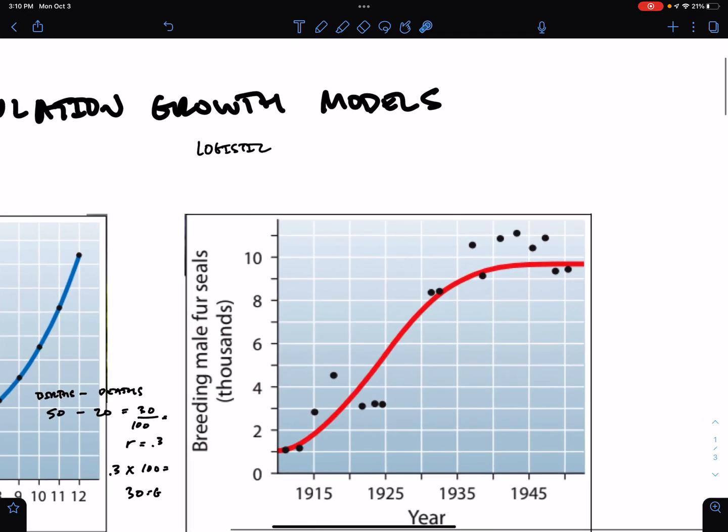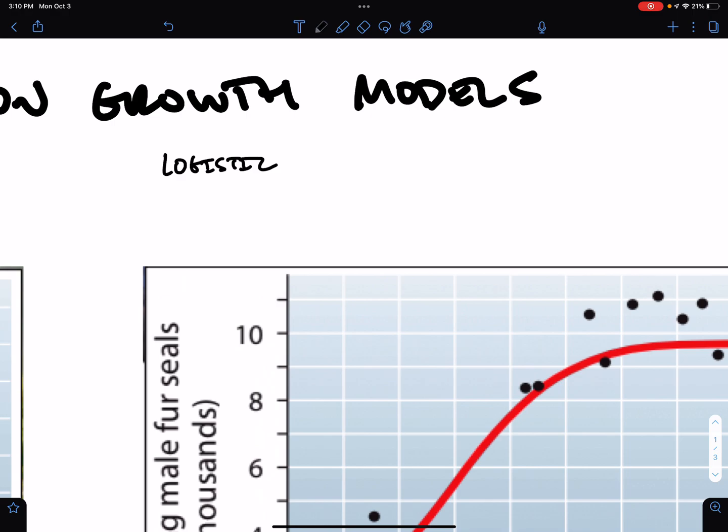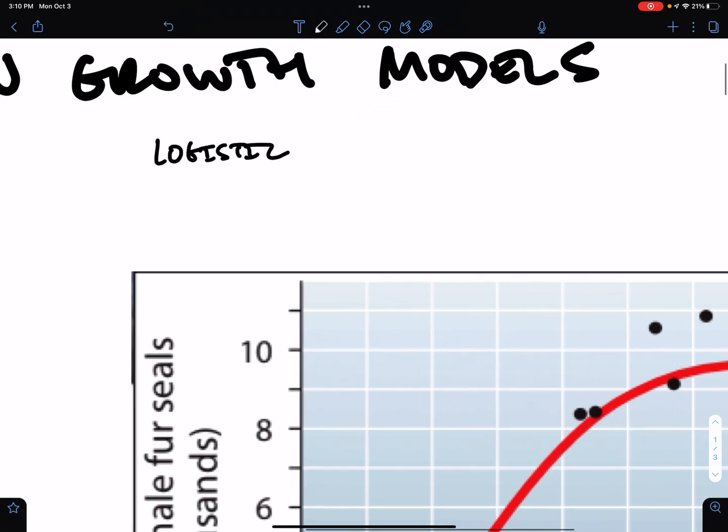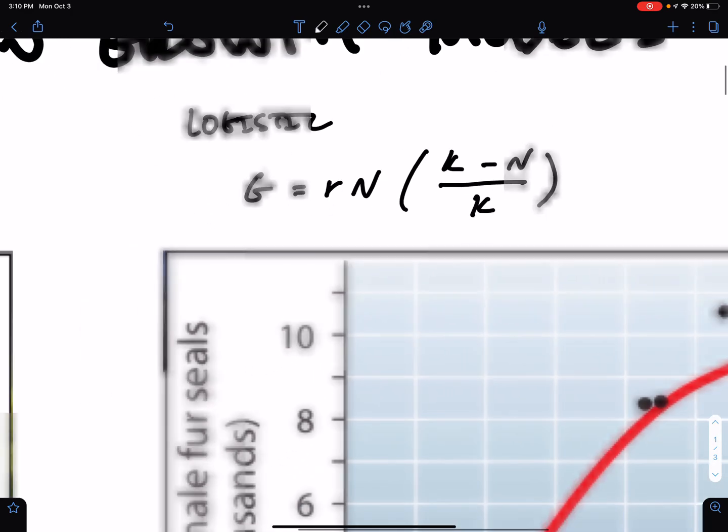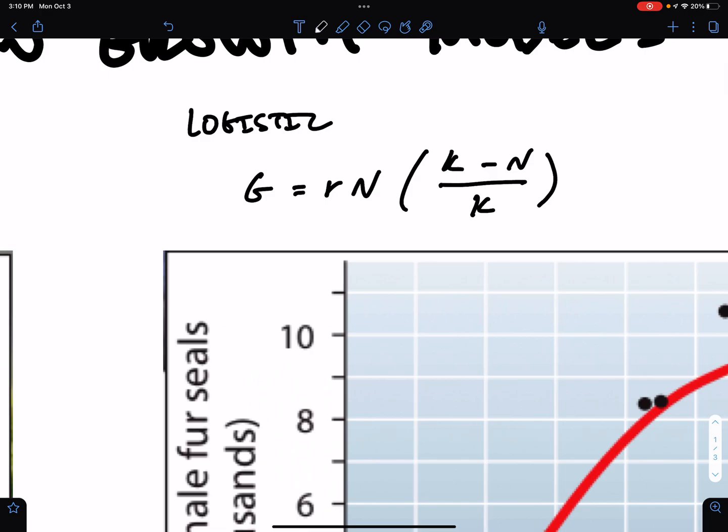Okay, our logistic growth model can be modeled with this equation: G equals R times N, looking familiar, times K minus N over K. This looks a lot more complicated, but it's actually not very different.